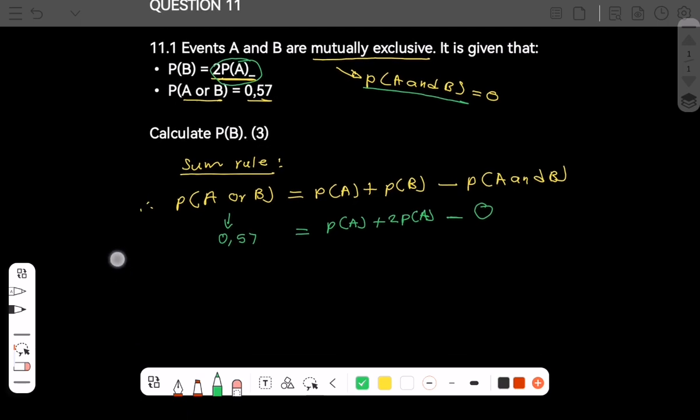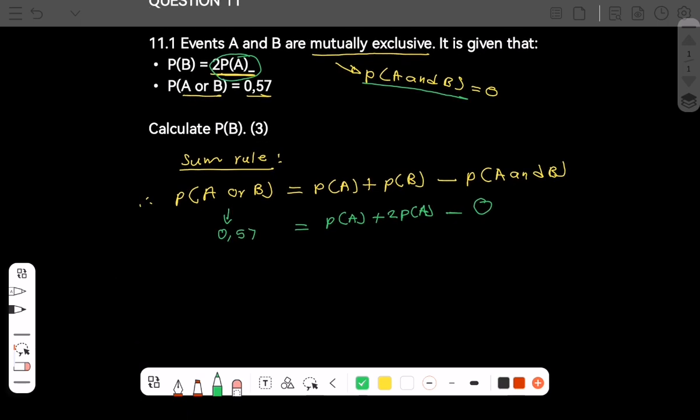Then firstly, we are going to calculate the probability of A. These are like terms, the same as 1 plus 2, which is going to give us 3P(A). On our left hand side, we have 0.57. So we divide by 3 on both sides to get the probability of A.